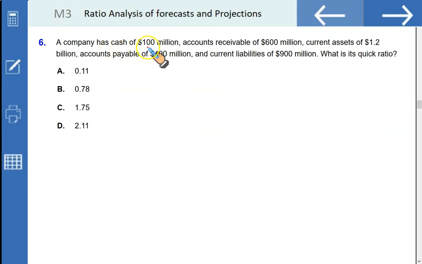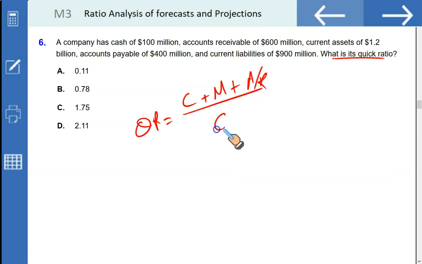A company has cash of 100 million, accounts receivable 600 million, current assets 1.2 billion, accounts payable 400 million, current liabilities 900 million. What is the quick ratio? We know quick ratio is equal to cash, marketable securities and accounts receivable divided by current liabilities. So what is in the numerator? Cash, accounts receivable, no marketable securities are given.